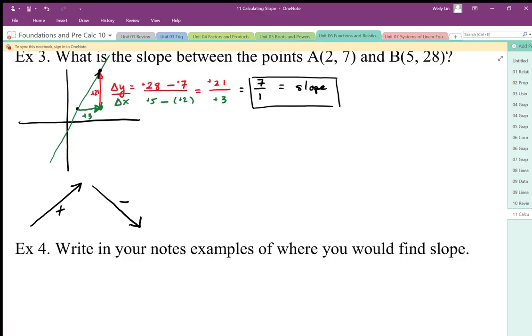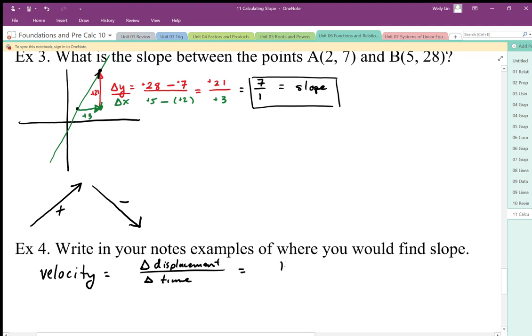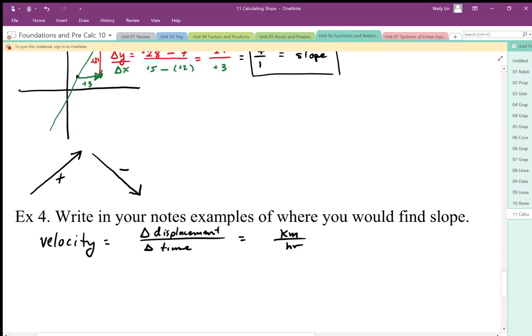For example, if we have speed or velocity, velocity can be calculated as the change in distance or displacement over the change in time. Or we can say velocity can be measured in kilometers per hour. This is a ratio of changes, which then can represent slope.